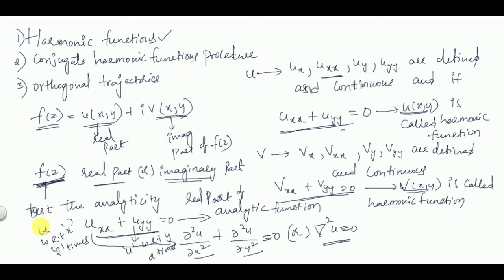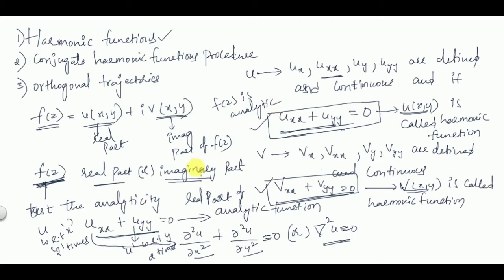So both represent analytic functions only. These are the conditions used to test the analyticity. Whichever is given to you, just check whether the corresponding equation is satisfied or not. If it is satisfied, then we can say that f of z is analytic. So this is the concept here. Understood?